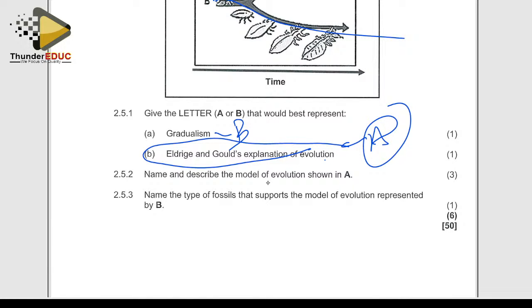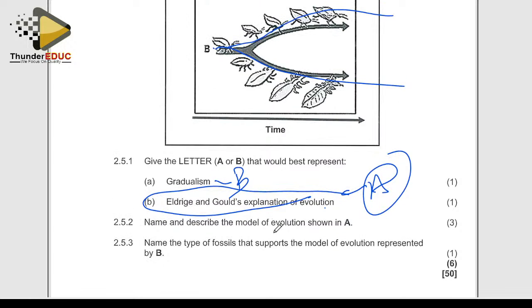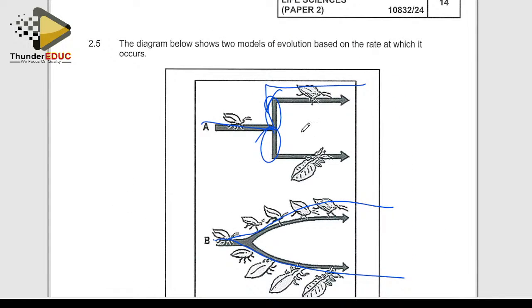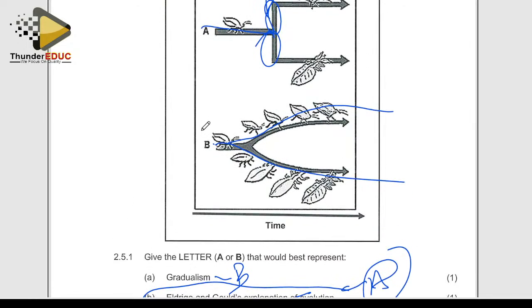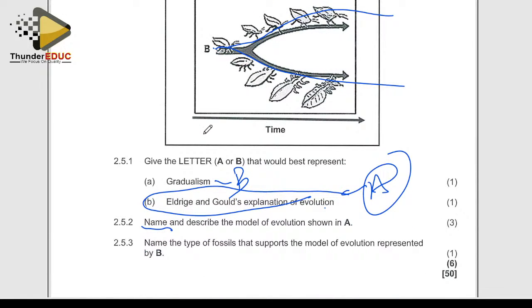Name and describe the model of evolution in A. Where is the model of evolution? They are looking at this. When they say name, meaning punctuated equilibrium, you have explained.